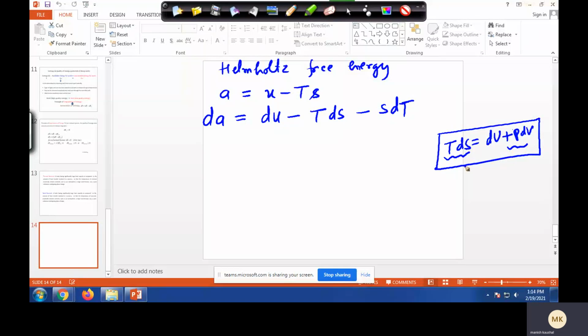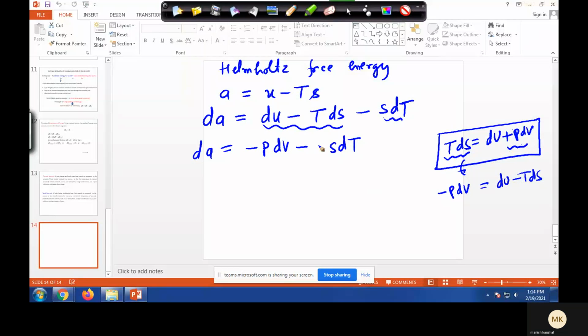From here we get dU minus TdS is equal to minus PdV. So we are going to replace it, and we write dA is equal to minus PdV minus SdT.